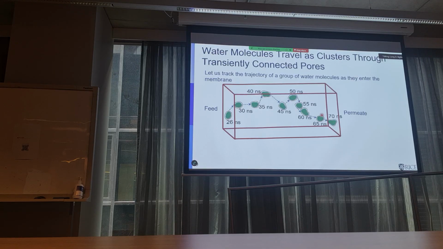Again, the pores in reverse osmosis are all free volume, connected, disconnected, but on average, many times you have pores that go all the way. And many times you have pores that are not connected at all, free volume, like in polymer science. When we track all of these, we saw all these clusters of water molecules go together. They are not dispersed. We do not see that it suddenly becomes single water molecules. And so water molecules in the group travel together in clusters along the membrane.